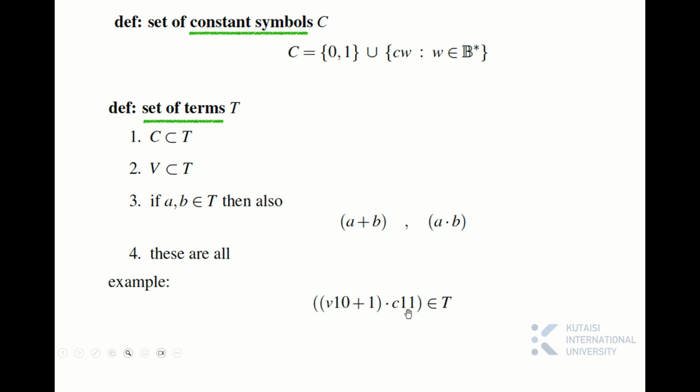This allows me to write down things like this because this is a constant, this is a variable, then this plus this in parentheses is a term, then this times this is also a term. So if you do this, you will get all possible expressions in variables and numbers like this, 1 and things like this.